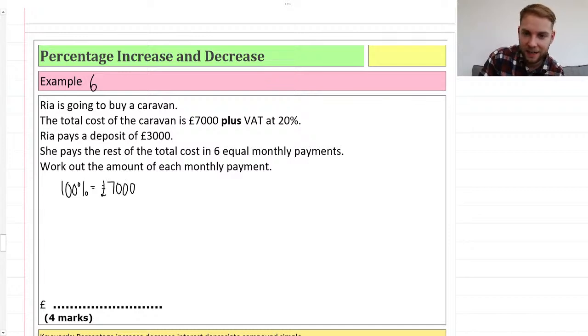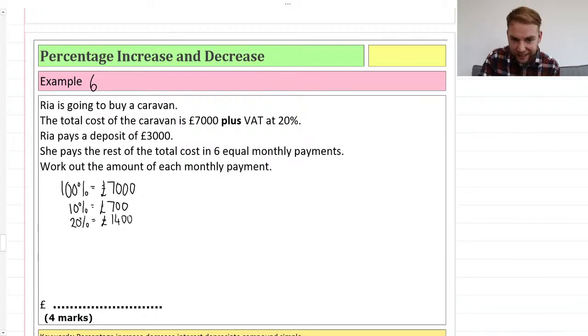Then I need to find 10%, which is going to be equal to £700. Then I find 20%, which is equal to that times by 2, which is £1,400.